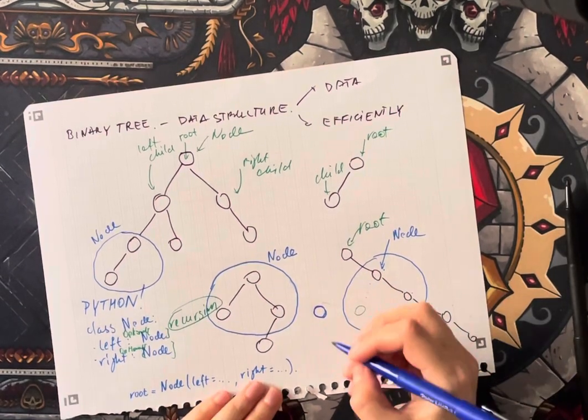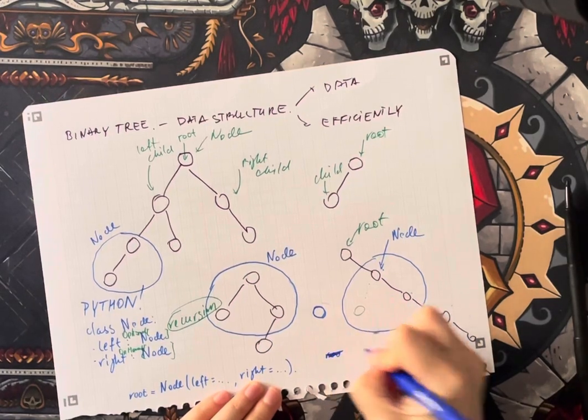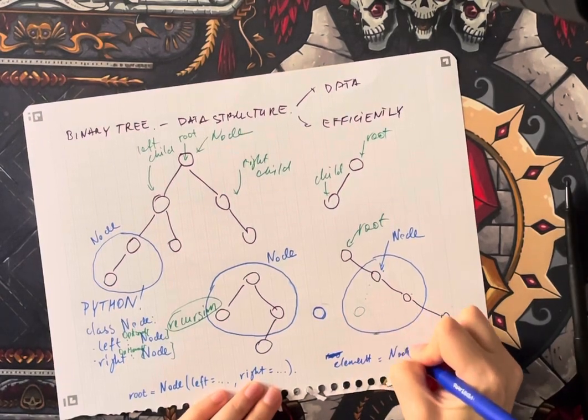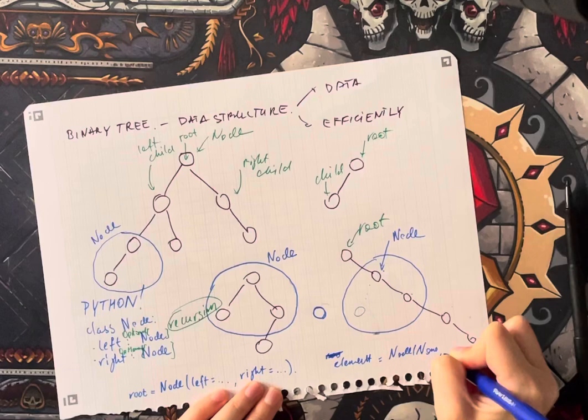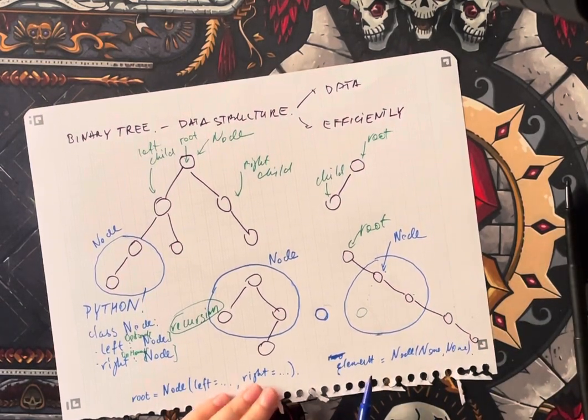We will create this the following way. Let's call it element equals Node of None and None. Using these elements, you can create your tree, you can create other roots, you can populate these roots with elements. Note that when your tree is complete, you only need to store the root, because everything else will be accessible through the children of the root.